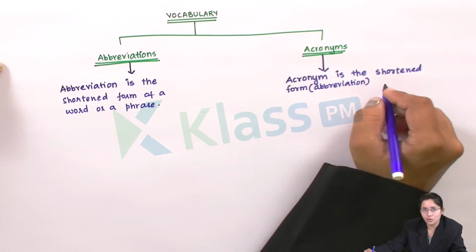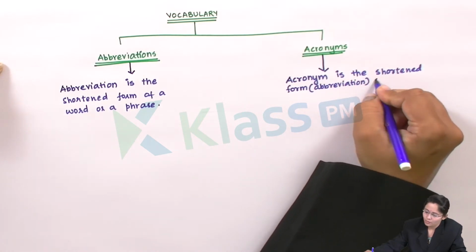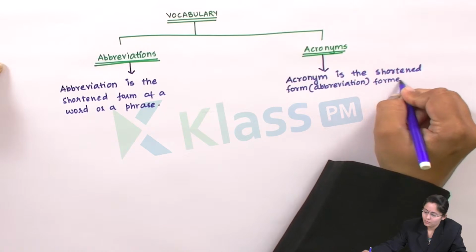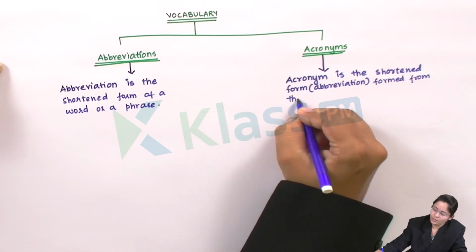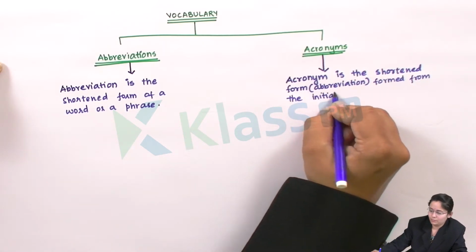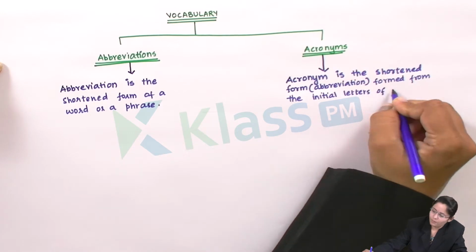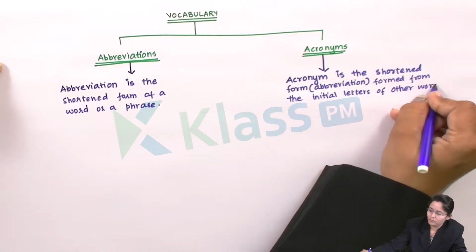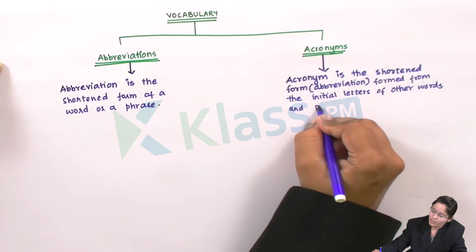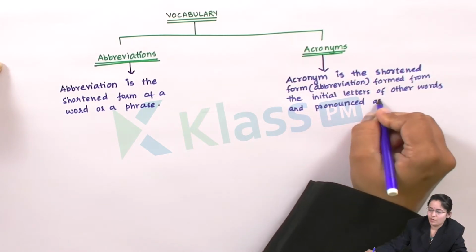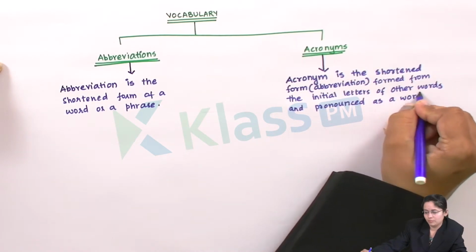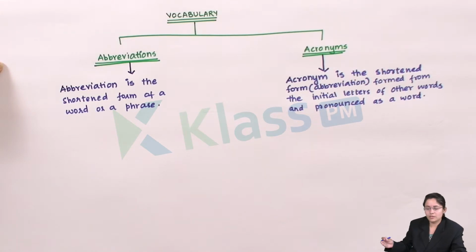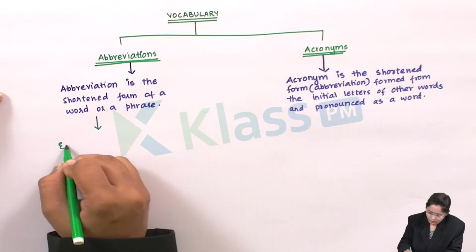So acronym is the shortened form formed from the initial letters of other words and pronounced as a word. Okay, so let us look for the examples.